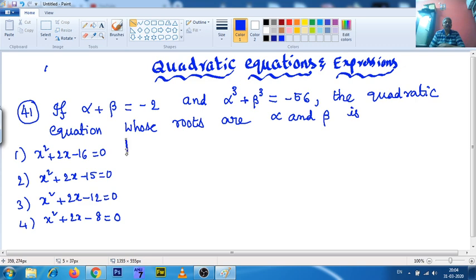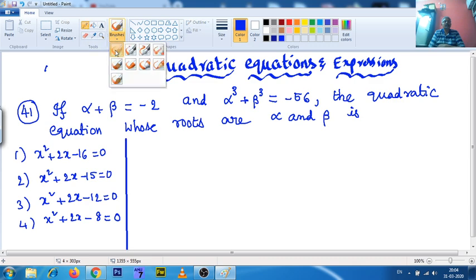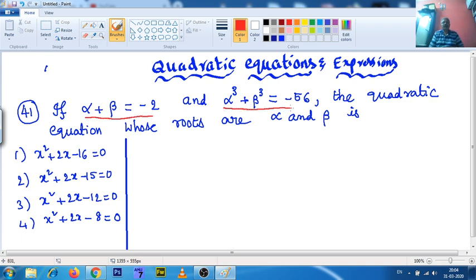First let us concentrate on this question. See here, alpha plus beta is equal to given minus 2 and alpha cube plus beta cube value is also given. Then we need to find a quadratic equation whose roots are alpha and beta.